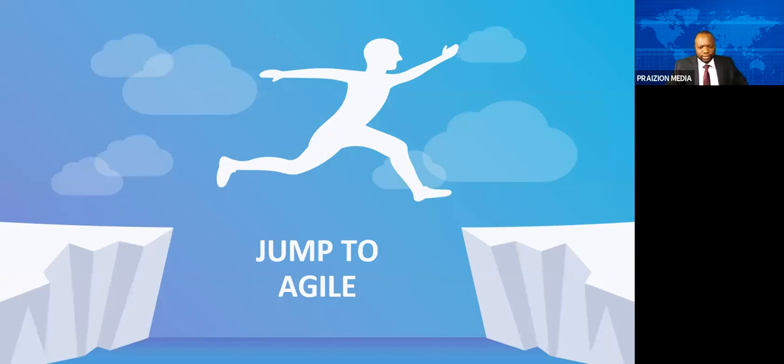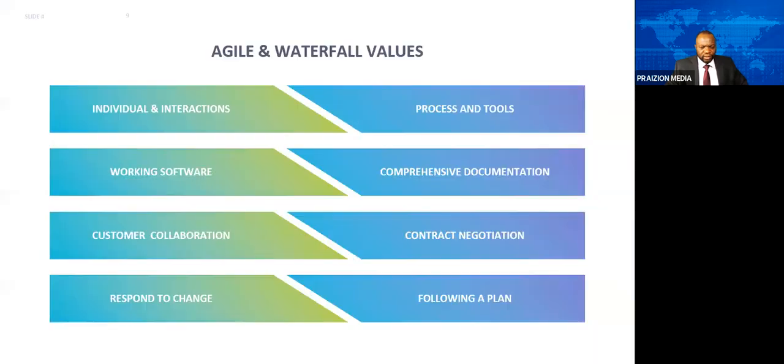You have to immerse yourself into the values of Agile. In Agile, we believe in individuals and interactions, people working together, over processes and tools. We believe in working software over comprehensive documentation, reams and reams of paper. What's the point if we don't have working software?